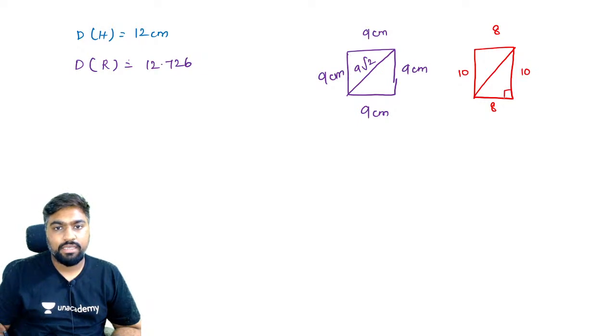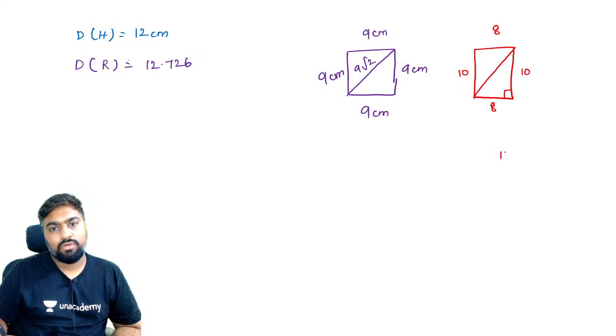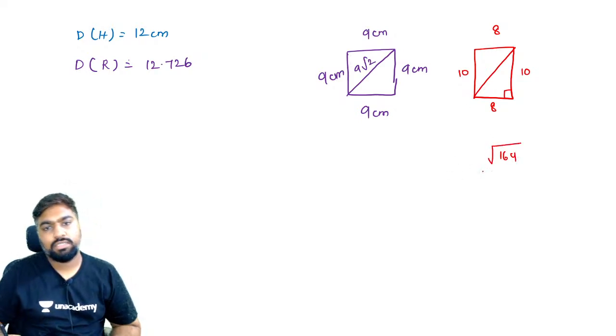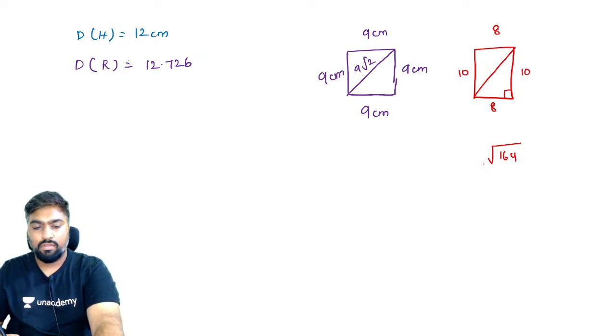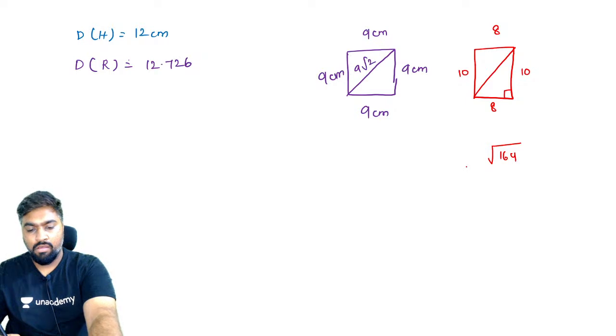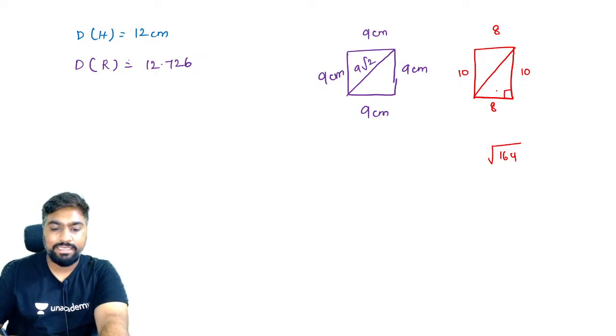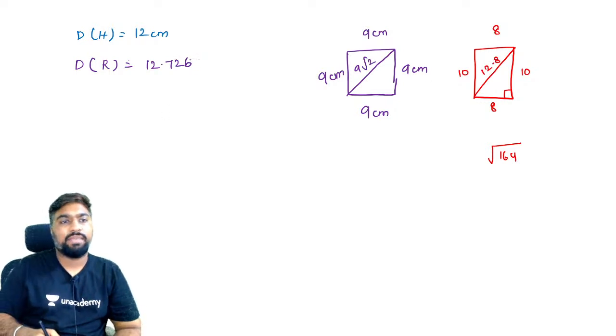How much will the diagonal become with 8 and 10? Root 164. What is root 164? Approximately 12.8. Yes, the diagonal will only keep increasing.